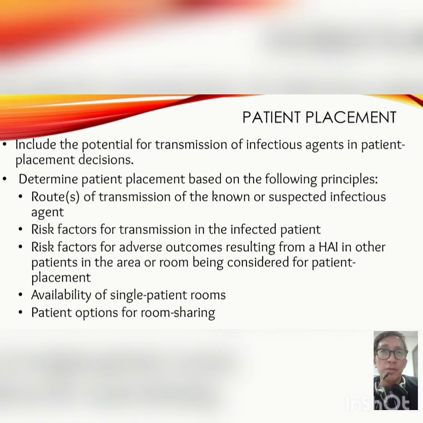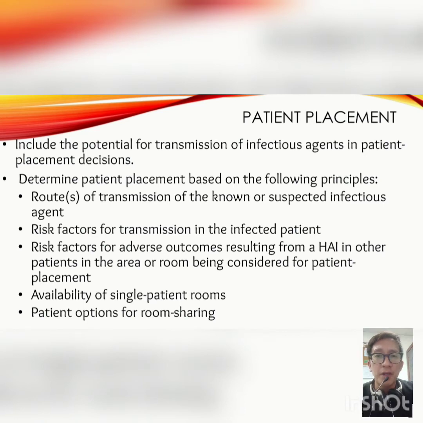The following principles should be determined in patient placement. First is the route of transmission of the known or suspected infectious agent. Second is risk factors for transmission in the infected patient. Third is risk factors for adverse outcomes resulting from a healthcare-associated infection in other patients in the area or room being considered for patient placement, availability of single patient rooms, and patient options for room sharing.